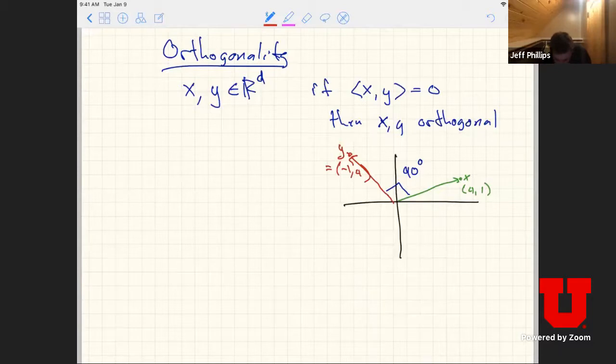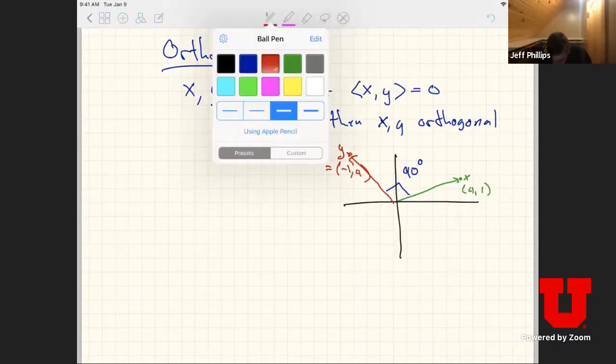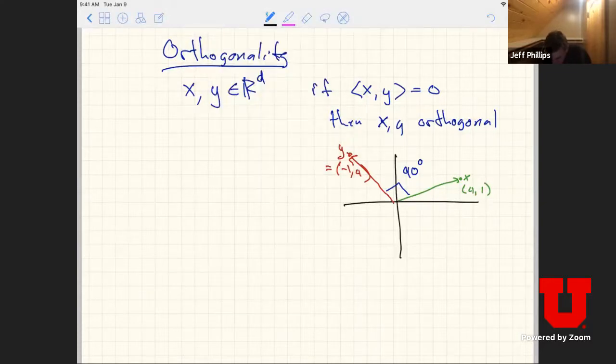If I do this dot product together, (4, 1) dot (-1, 4) is going to be -4 plus 4, that's equal to 0. So in the plane, you can switch the role of the digits and put a negative sign on one of them.